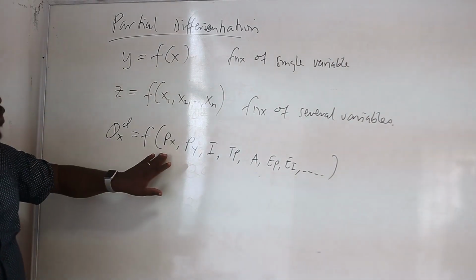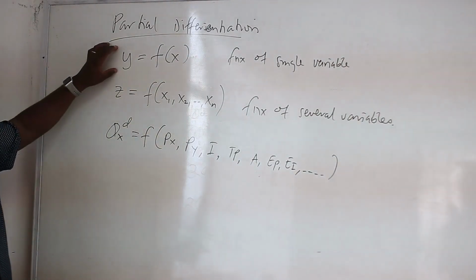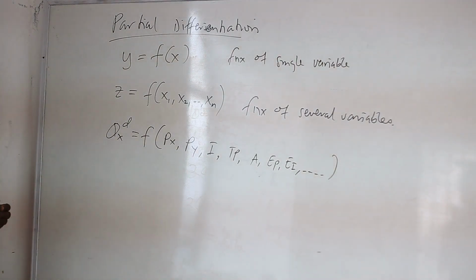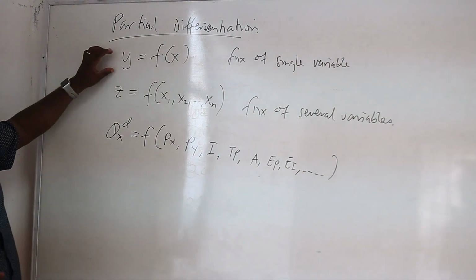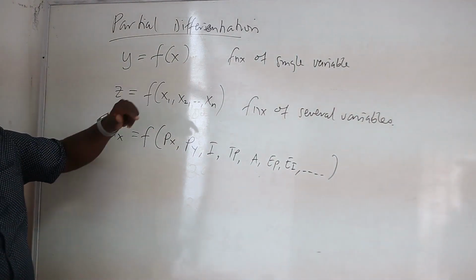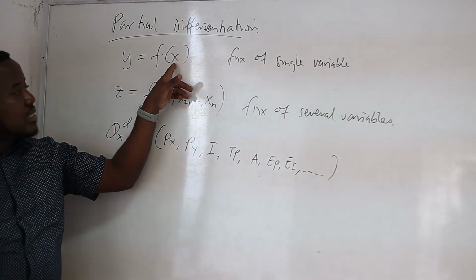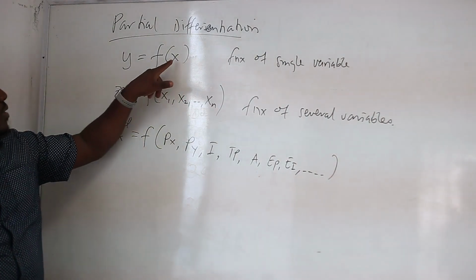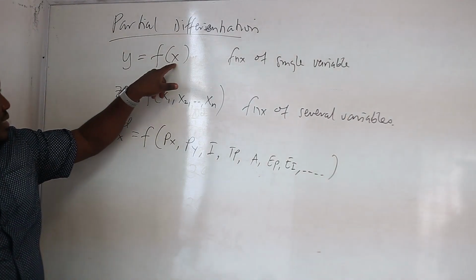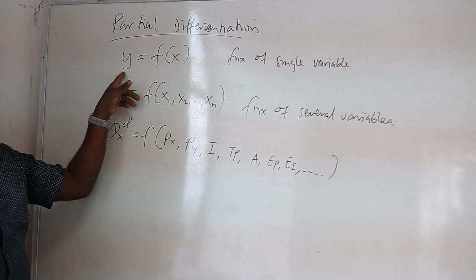Demand doesn't depend on only the price of the good. So when we had y as a function of s, we used differentiation to find out how changes in the variable s affect y.